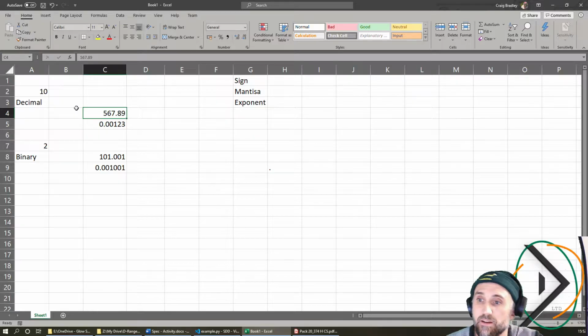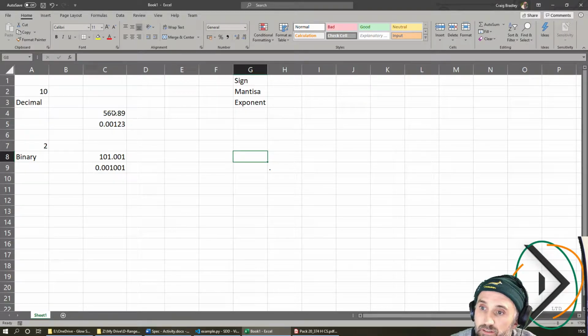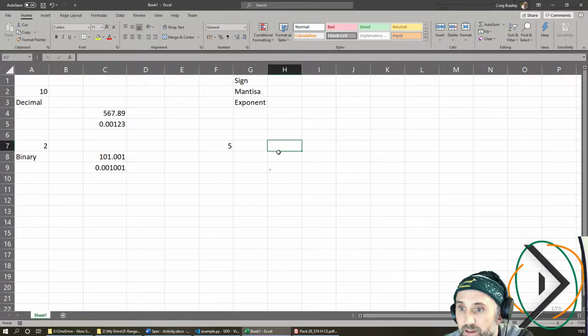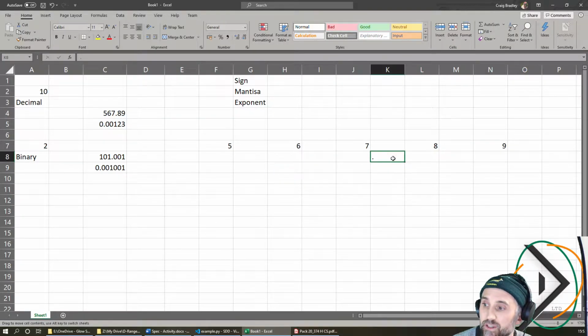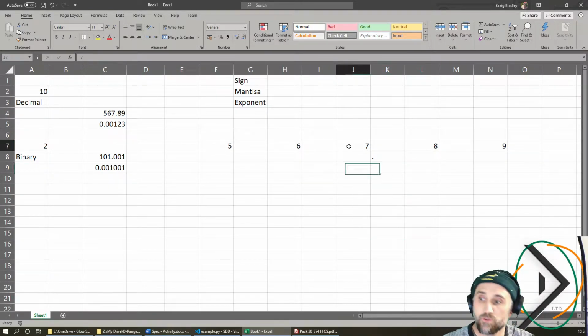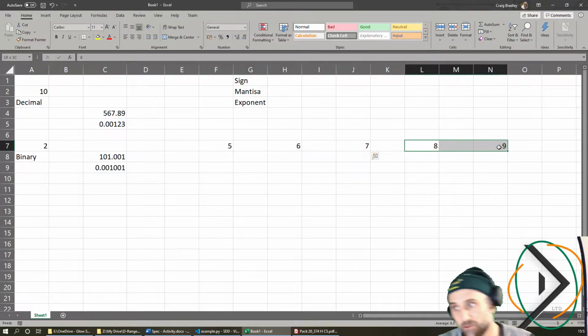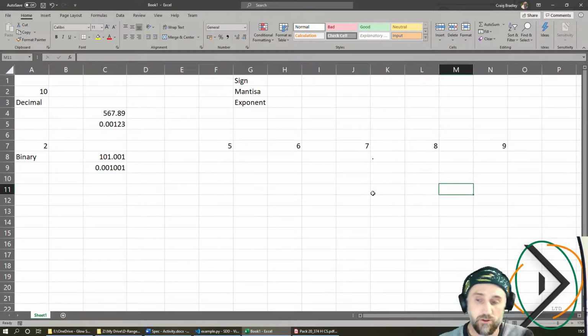So what I mean by that, I've got two examples of a decimal number before we move on to binary for ease. Let's say we had the number 567.89, so we had the number 56789, and the decimal point is held over here. But now I don't want to have to store what's on the left and what's on the right. I only want to store what's on the right.